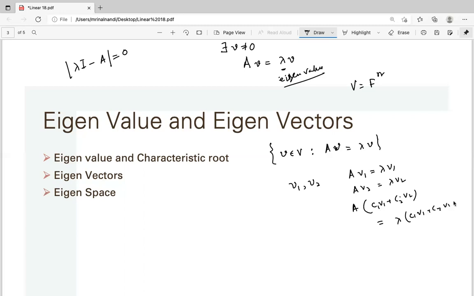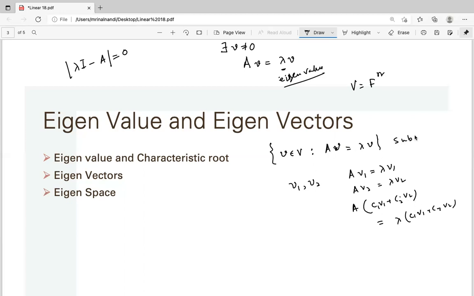It is clear: it is just the distributive property, and then pulling the scalar outside. So it is A C1 V1 plus A C2 V2, that means C1 A V1 plus C2 A V2. But AV1 is just lambda V1, so C1 lambda V1 plus C2 lambda V2, so lambda into C1 V1 plus C2 V2. So C1 V1 plus C2 V2 belongs to that set, so it is a subspace.